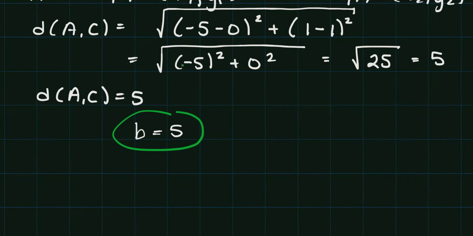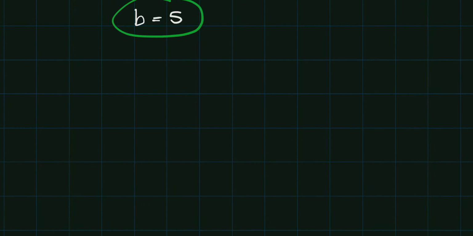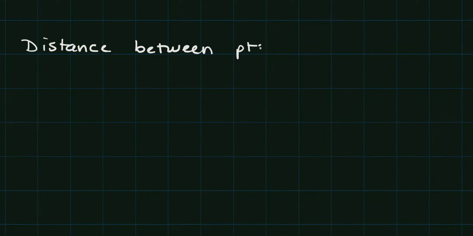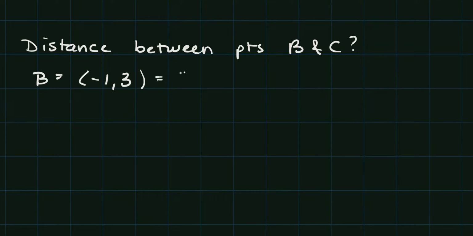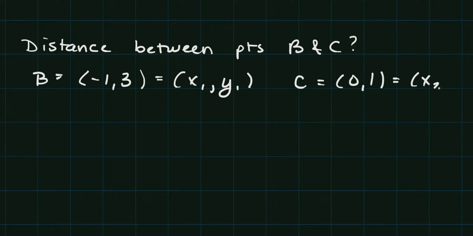We have to find the distance between B and C. That's the last thing we need to find. So let's write this. What is the distance between points B and C? Well, B is -1, 3, which we'll label as x1, y1 for the distance formula. And C is 0, 1, which again is x2, y2.